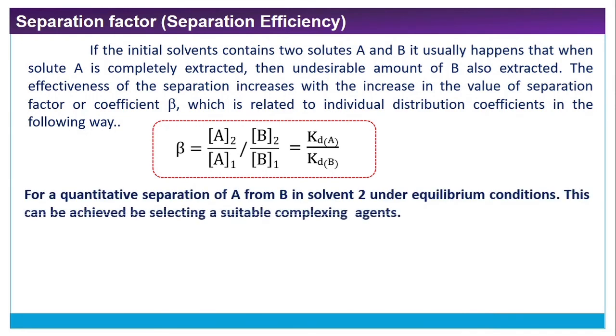For example, a quantitative separation of A and B in a solvent under equilibrium conditions can be achieved by selecting a suitable complexing agent. So if we want to increase the separation, then we have to use a suitable complexing agent.